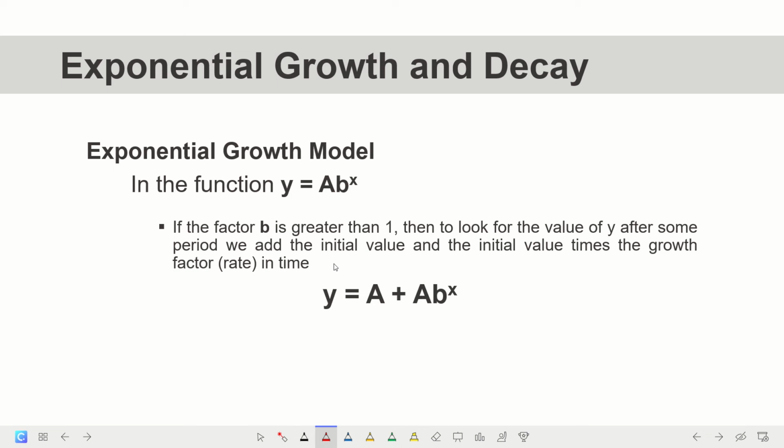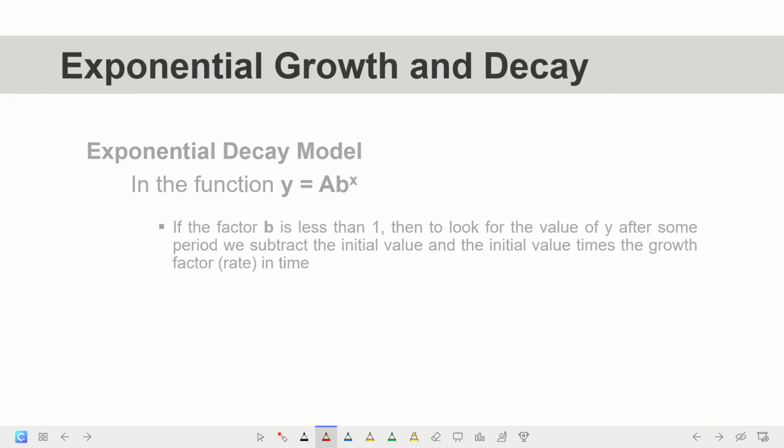Simplifying, we can take out a and multiply it by the quantity 1 plus b raised to x. Since we define b as the rate, we can use r to denote rate and t to denote time.